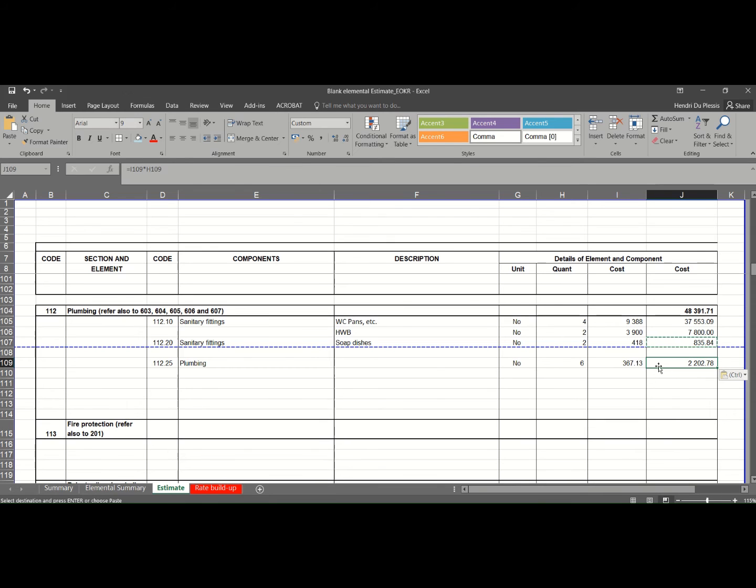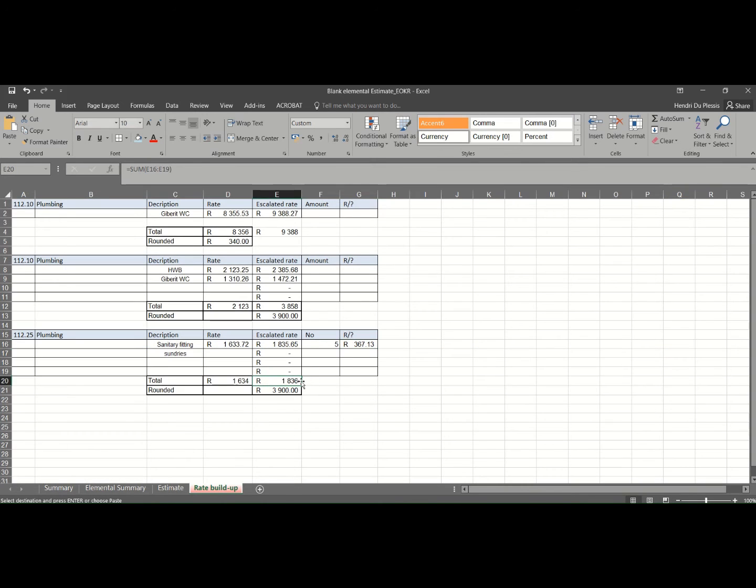Okay, so our new building, we had 6 items, so it's a little bit more than our previous historical building. Obviously now you can just clean up your rate build up here and use your discretion how you're going to use this. Okay, so that's more or less how it works.